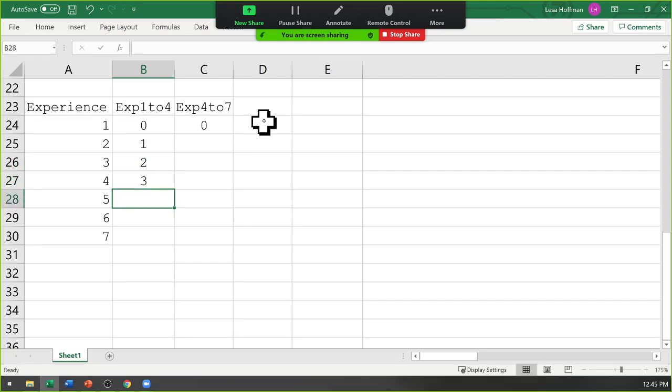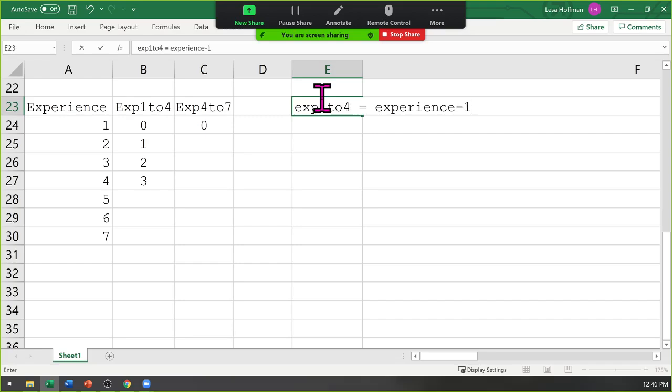And then 3. So far, this looks the same as if I had just told you to center experience at 1. You would build those 4 values by having a new variable, experience 1 to 4, equal the old variable like that. So far. But we'll have to modify this in a minute.